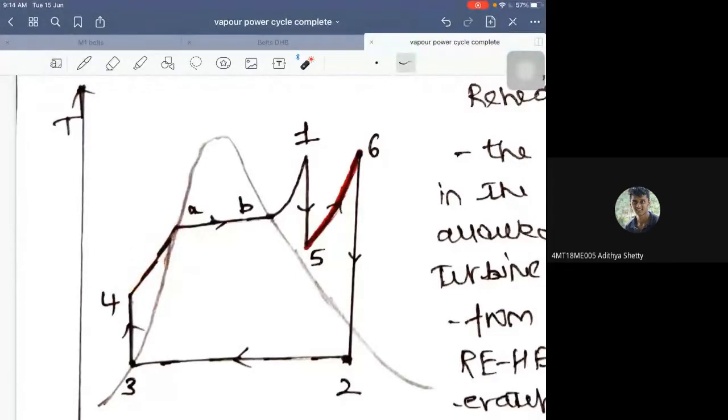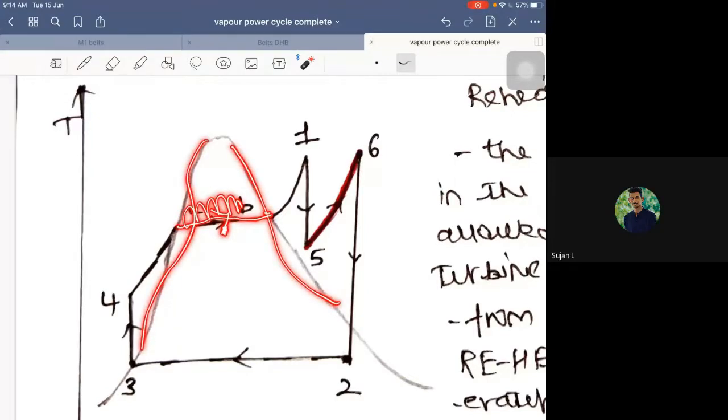Very good. So now A to B, where does the heat addition happen? Boiler. Is the temperature increased here? No. There is no temperature increase. The phase keeps changing continuously from liquid to vapor. At point B, you have complete vapor.